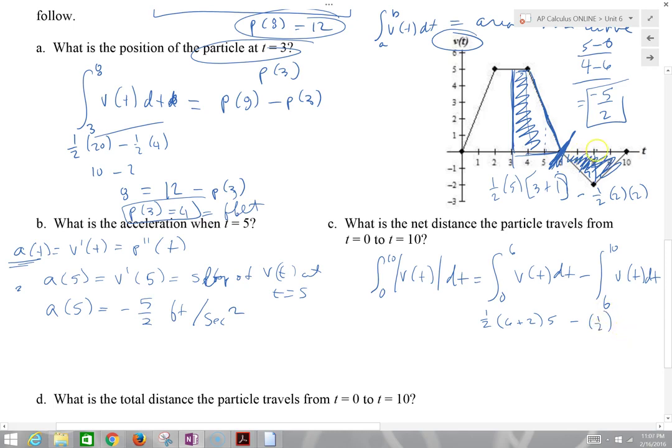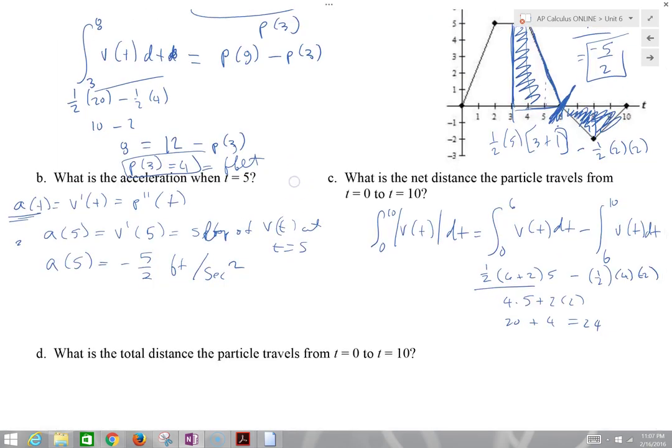The base is 1, 2, 3, 4, and the height is 2. Or we could call that negative 2. So we have 1/2 of 8, 4 times 5, minus 1/2 of 4. We're going to add that. 1/2 of 4 is 2. 20 plus 4 is 24 feet, and we're traveling in feet.